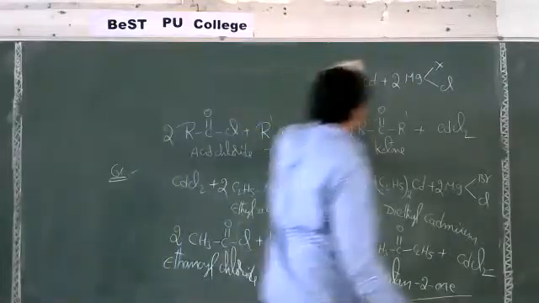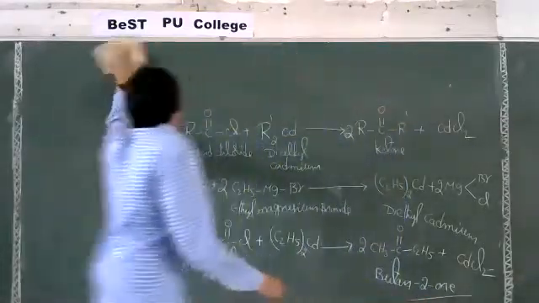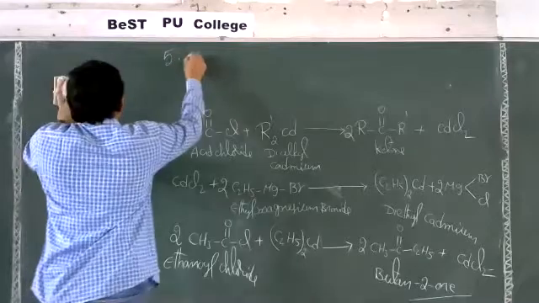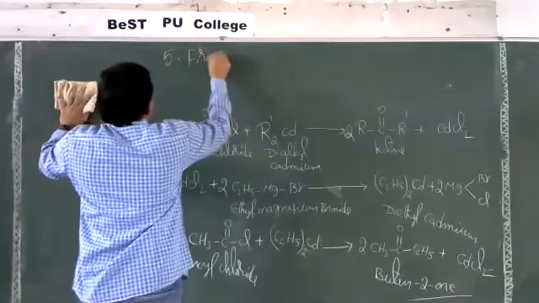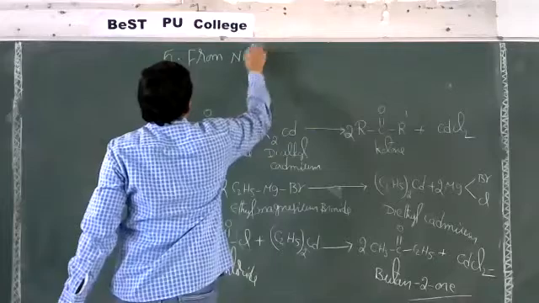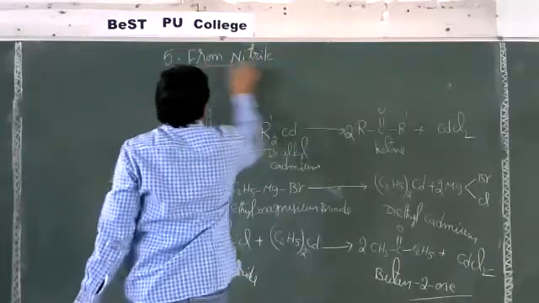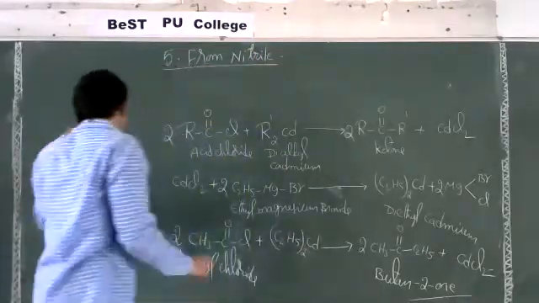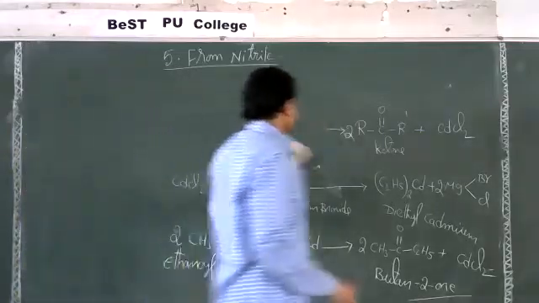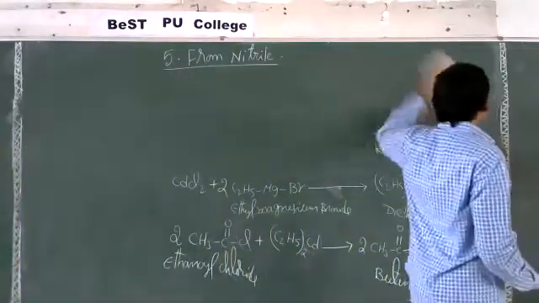Okay, all right. Now come to another preparation method here. Fifth one, from nitriles. Preparation of aldehydes and ketones from nitriles.